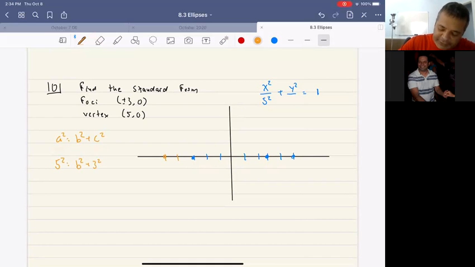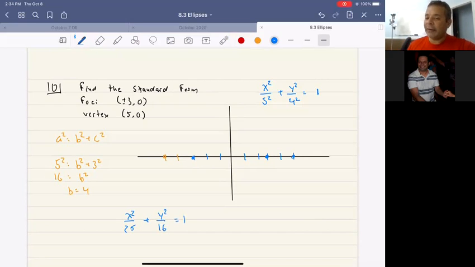So that gives us 16 equals b squared, because this is 25 and that's 9. Also, I know 3, 4, 5 triangles, so b is 4. So I'm going to write this as x squared over 25 plus y squared over 16 equals 1.